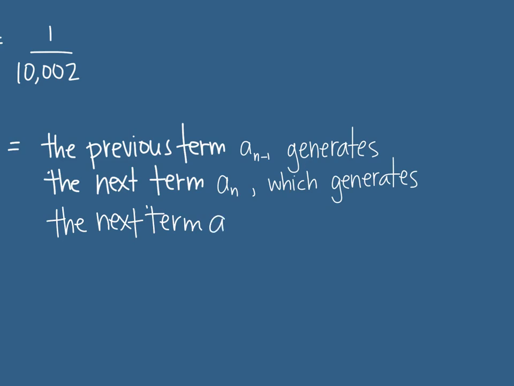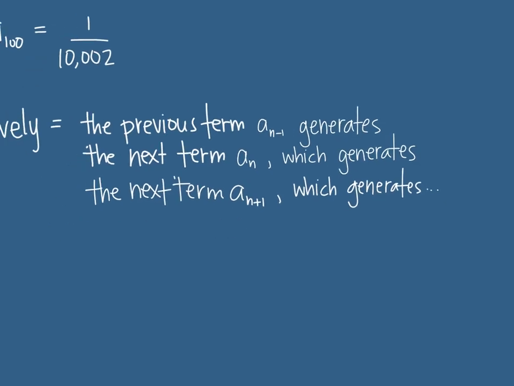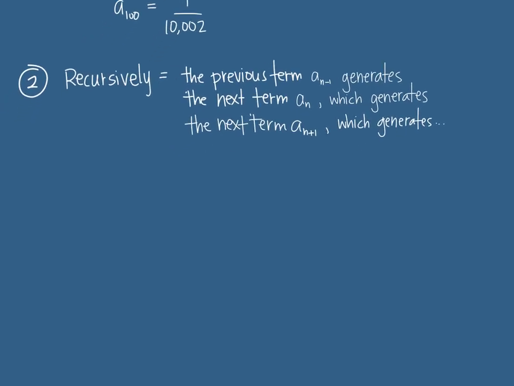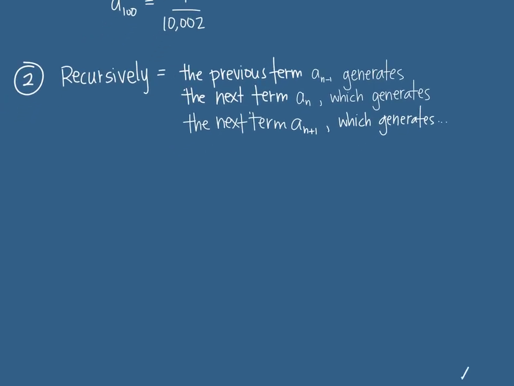And the next term would be a sub n plus 1, which generates, etc., and it just keeps going on and on infinitely. Okay, that was called a recursive sequence.